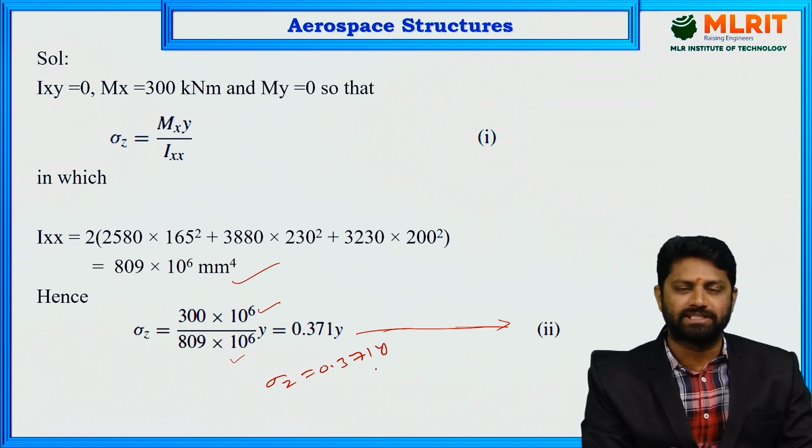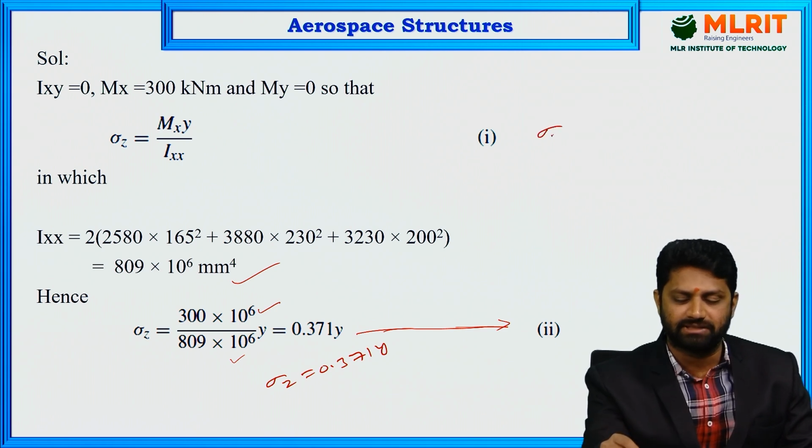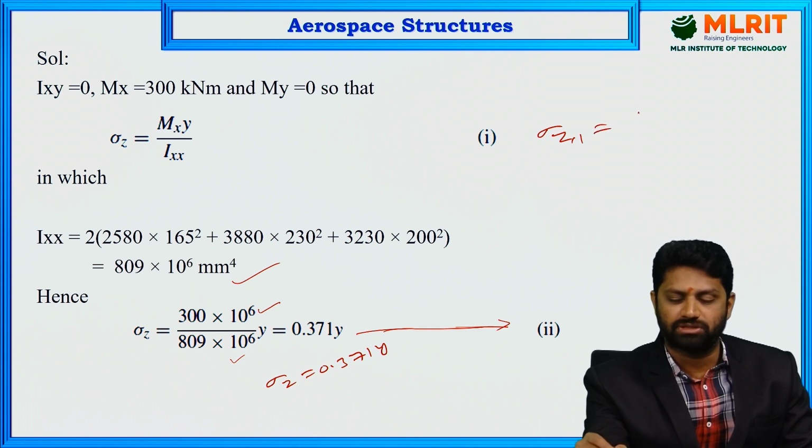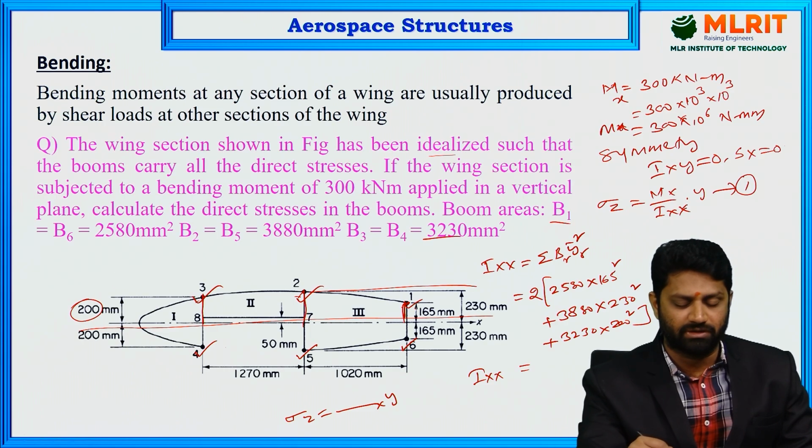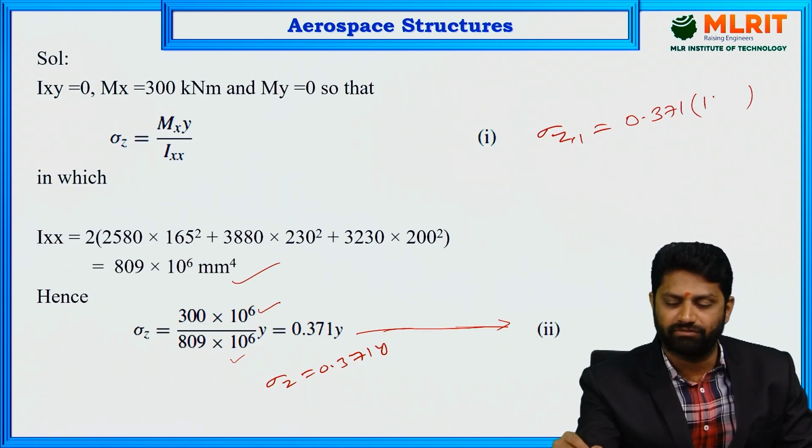We have 6 booms in this diagram, so you can substitute easily. For example, if you want to find sigma z, the direct stress in boom 1, we'll substitute 0.371 into the y distance of boom 1. From the diagram, clearly the y distance of boom 1 is nothing but 165, so we'll substitute 165 mm.